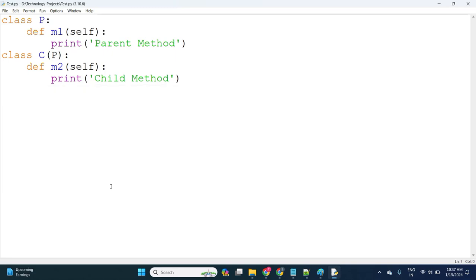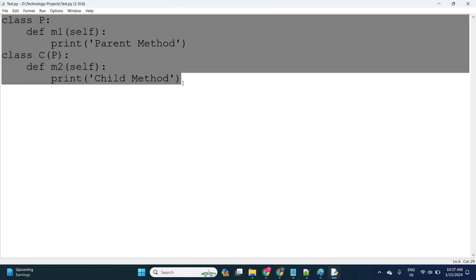I'm taking one parent class and one child class, the same thing as with the parent class. First just observe the diagram, then I will explain.